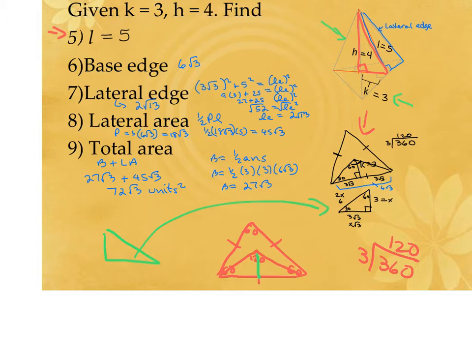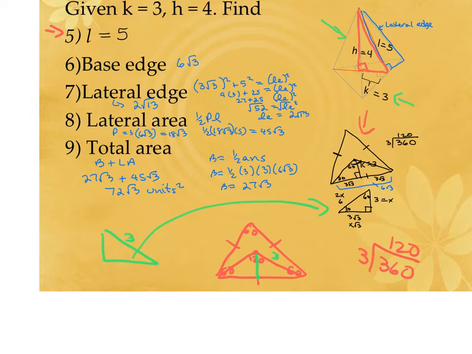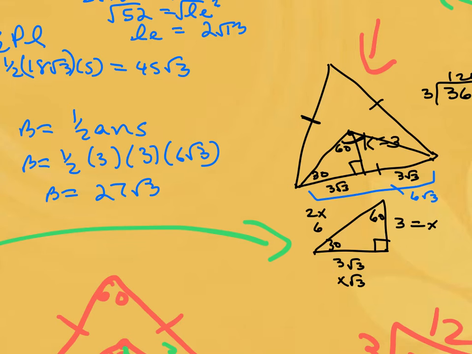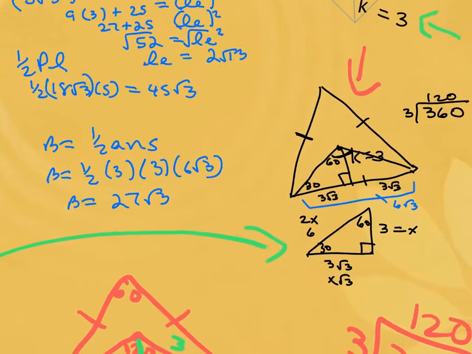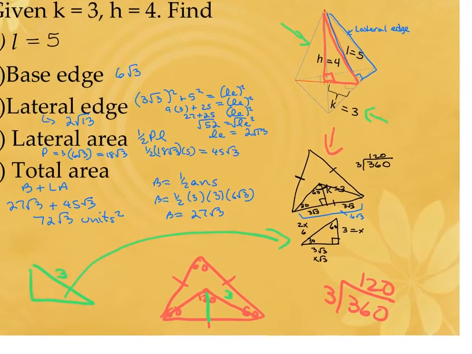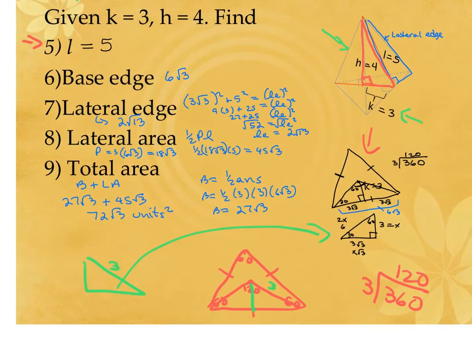So I knew I needed to find the base edge. So I knew K was 3. So this is 3. And then from there, I could go ahead and figure everything else out. And then my side length becomes 6 root 3. So then I went ahead, and for the base area, I did the 1/2 ANS.